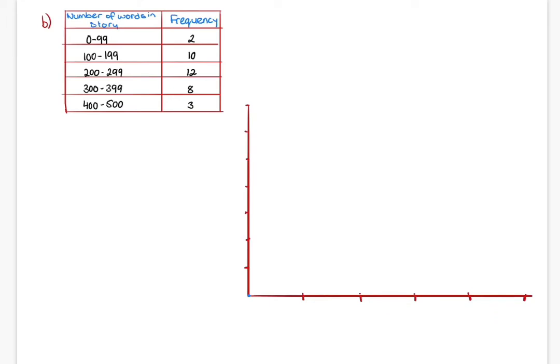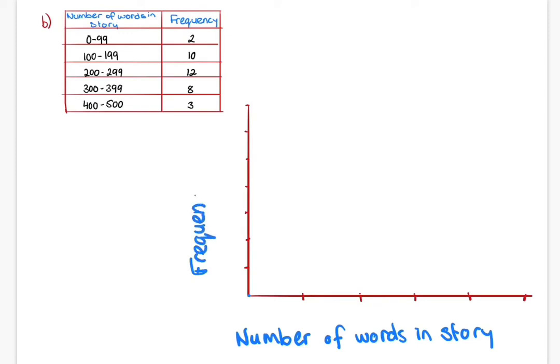We're going to start by labeling our axes. I'm going to put number of words in story down here, and frequency up the side again. What I'm doing down the bottom is going to be a bit different this time, because if you look at this, we've got intervals rather than straight out numbers.